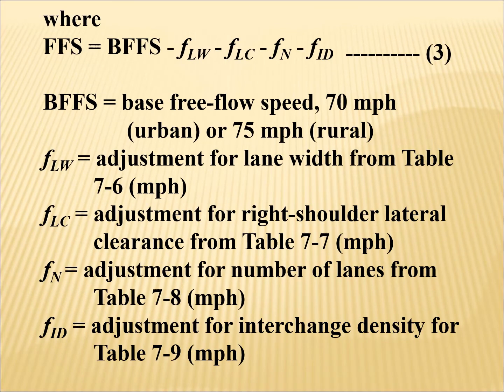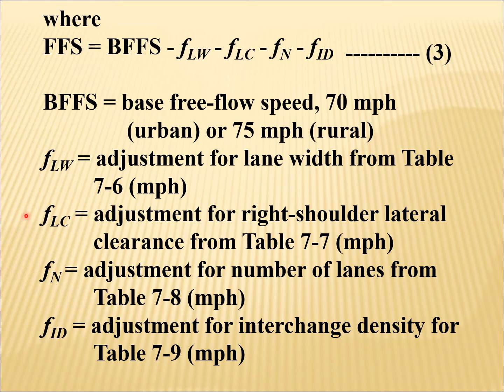Well, this is the equation, or you can say the formula, meant for free flow speed, and you can see that there are different variables. So look at the equation. BFFS means base free flow speed, and that's 70 miles per hour for urban areas and 75 miles per hour for rural areas. F sub LW is the adjustment for lane width from table 7-6.